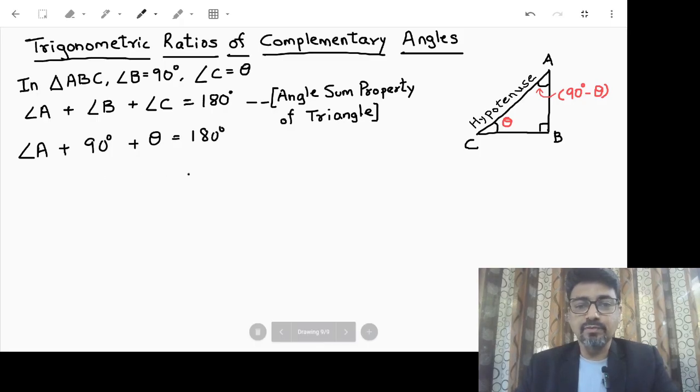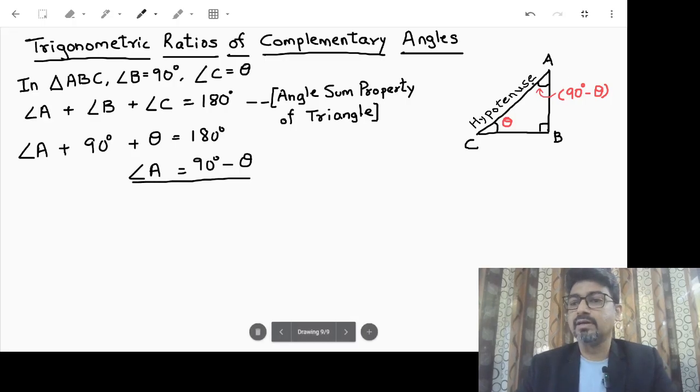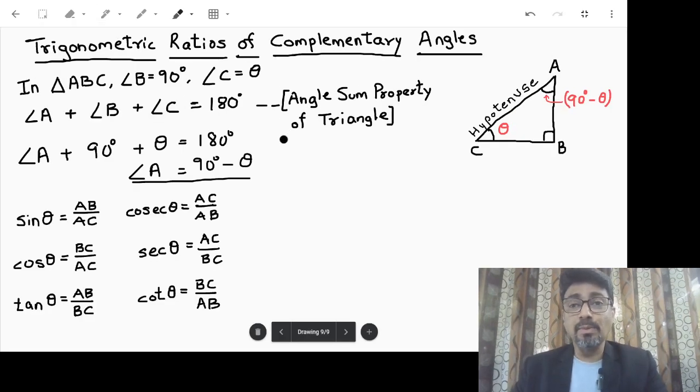Now if I transfer 90 degrees to the right side, 180 minus 90, I would get 90 degrees. And if I transfer positive theta to the right side, it would be minus theta. So I get angle A as 90 degrees minus theta, as I have written here in the triangle. Now, let us write down the trigonometric ratios for the angle theta.